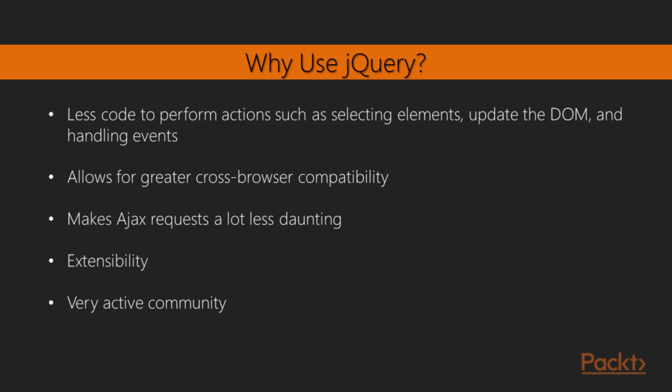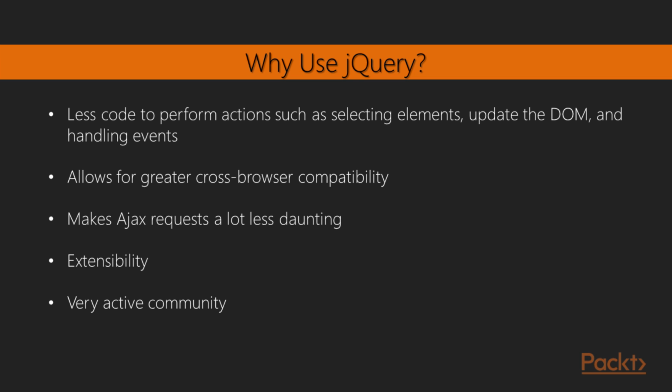It allows for greater cross-browser compatibility. Now, what does this mean? Well, JavaScript is a very cross-browser capable programming language. The problem is that some of the older browsers that you may come across out there, with users who have older Android devices, therefore they're running older versions of Chrome.